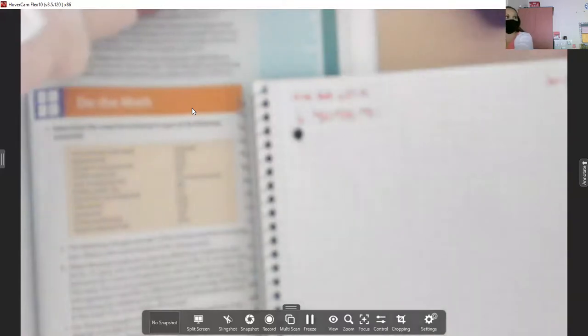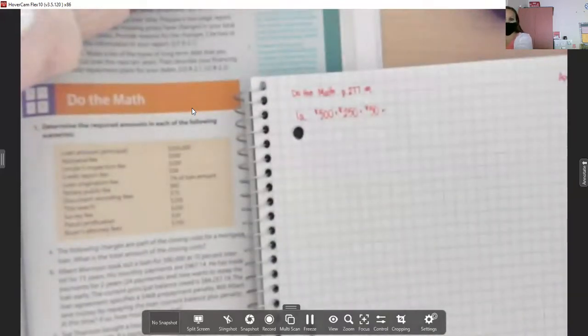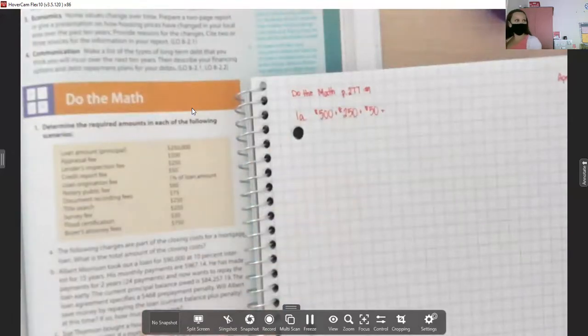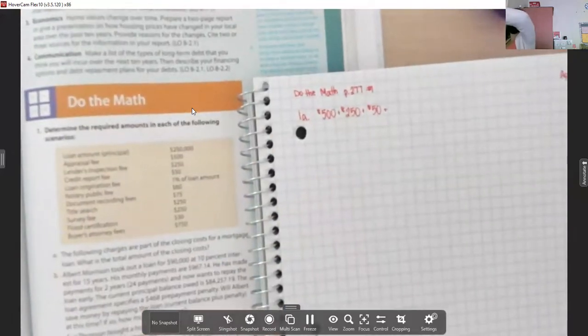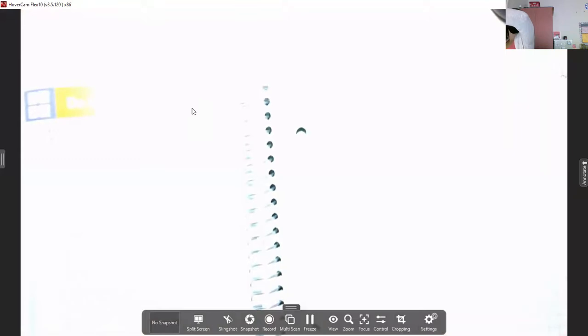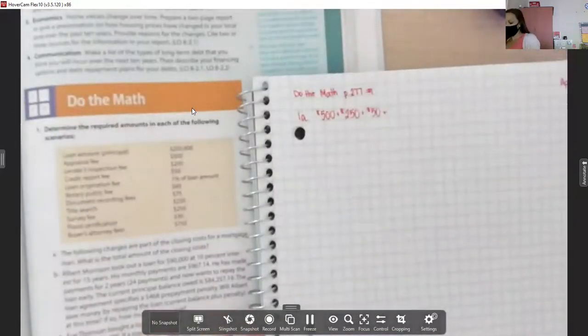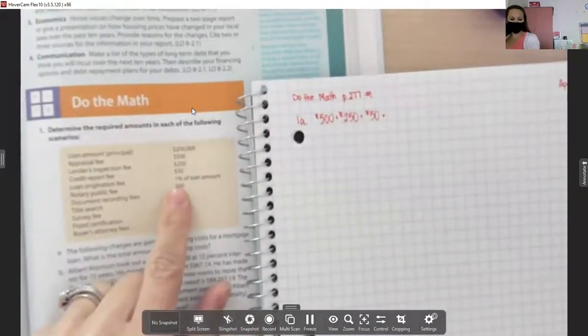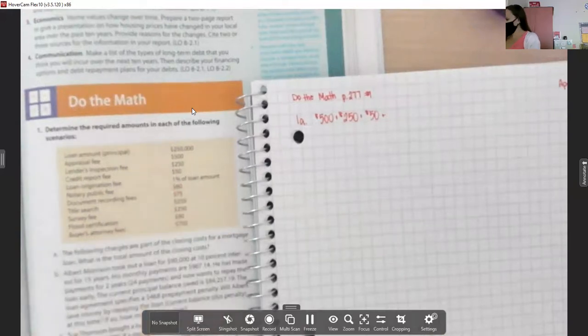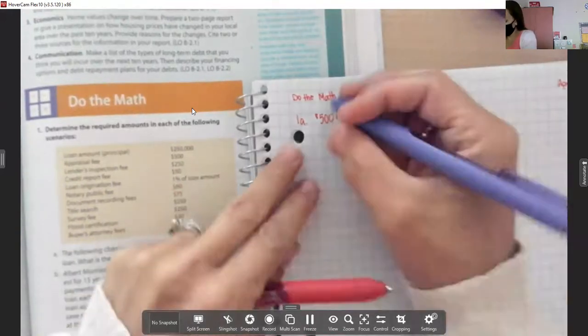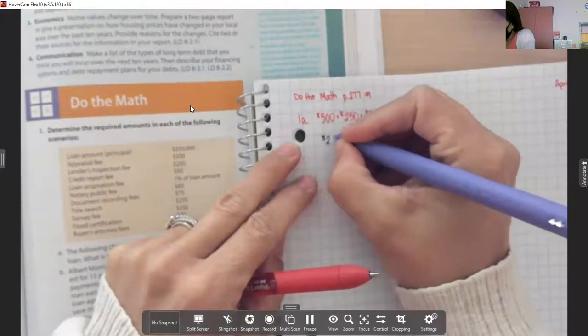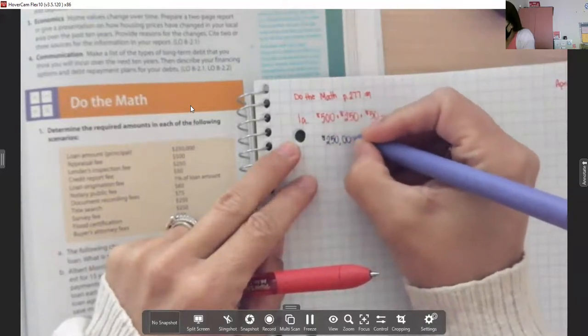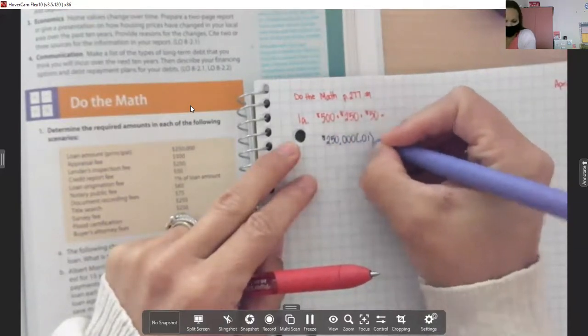Sorry, that's not focused. Let's see if it comes in. It's a little bit better. Okay. So for 1% of the loan amount, we need to do 250,000 times 0.01.